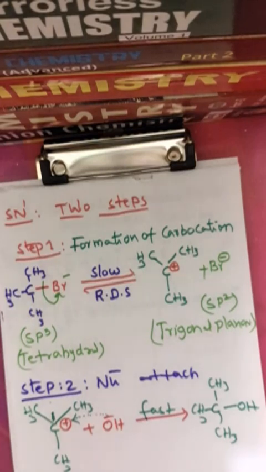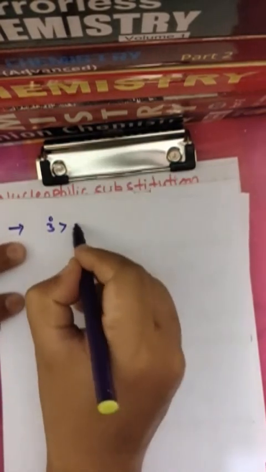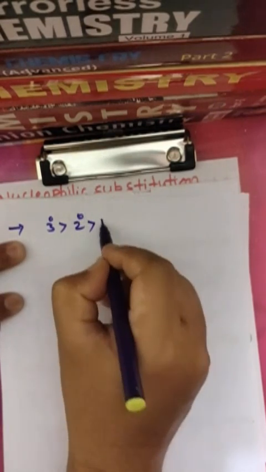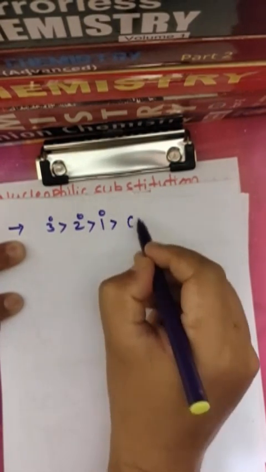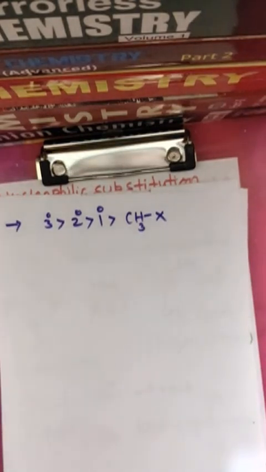Here a few more things we have to discuss about competitive aspects. Let me go to what type of alkyl halides it will be. Already we discussed that 3 degree is more than 2 degree, 2 degree is more than 1 degree, then methyl halide or any alkyl halide.